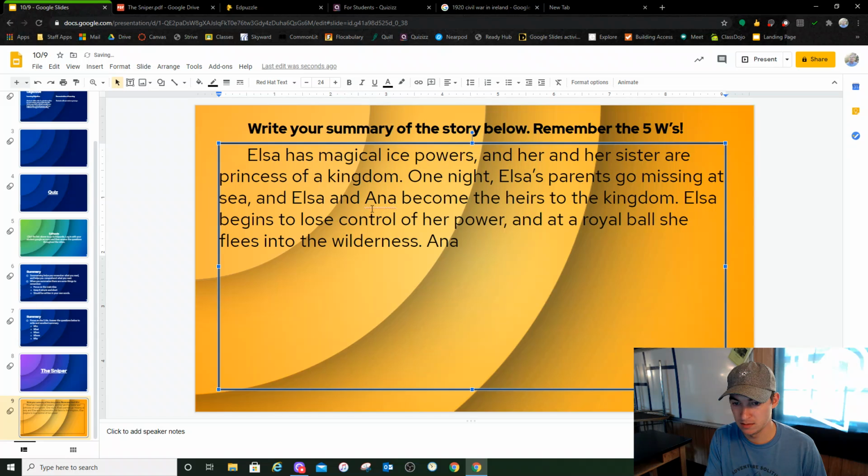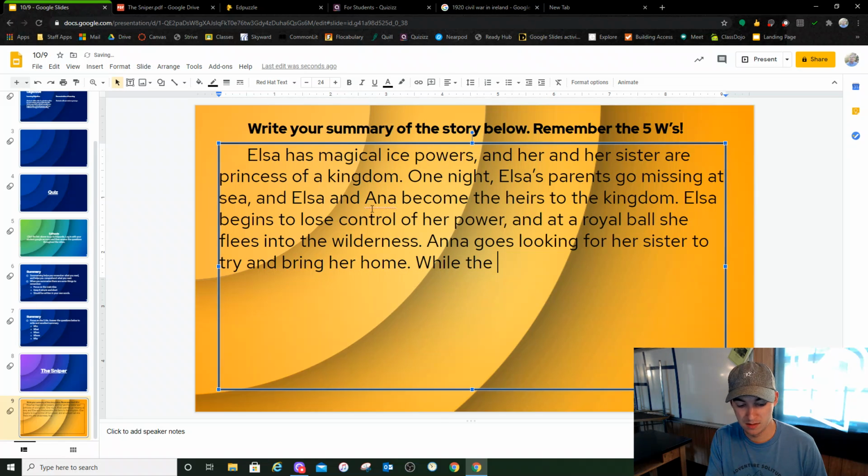Anna, I guess Anna would be with two N's, right? A-N-N-A? Or is it A-N-A? Disney spells it A-N-N-A. Yeah. Okay. Anna goes looking for her sister to try and bring her home. While the sisters are gone, an evil prince tries to take over the kingdom.